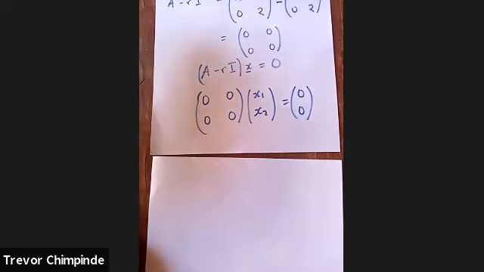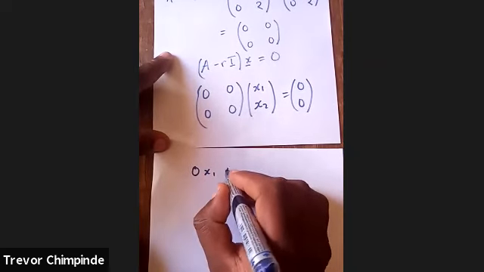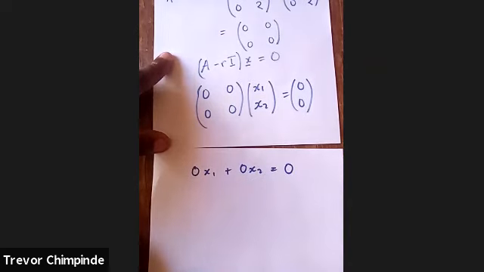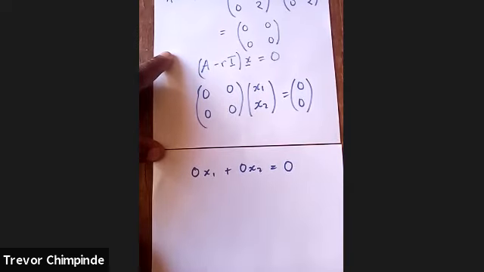You have 0 x1 plus 0 x2 is equal to 0, and the second one will give you the same. So what values of x1 and x2 are going to satisfy this equation? Your answer is that any entries of x1 and x2 are correct.